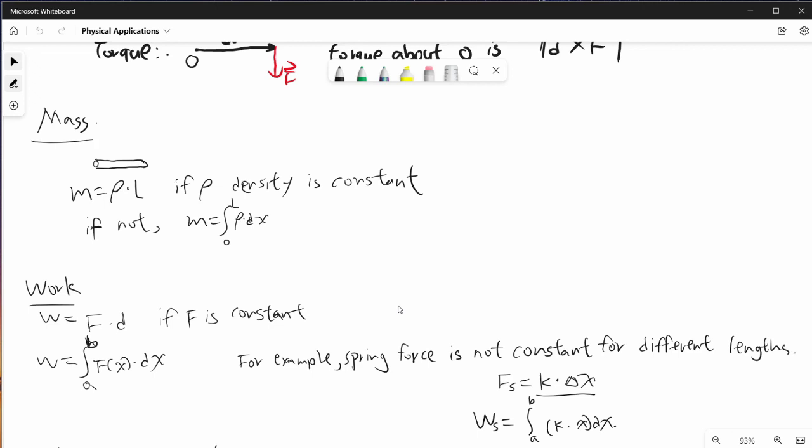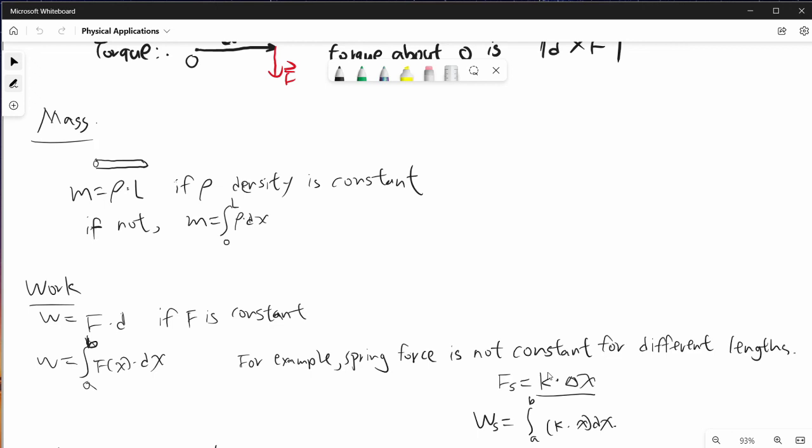A good example of this is the spring force, right? The spring force is k delta x, which is the spring constant times the length of the spring that's changing from the original natural state of that spring, right?